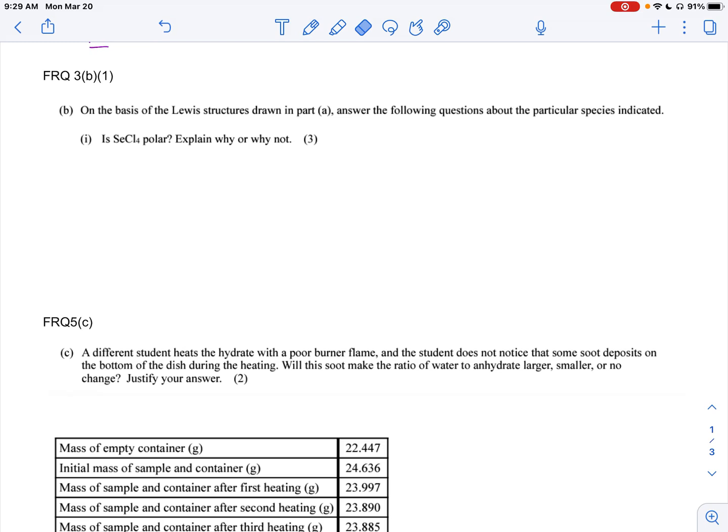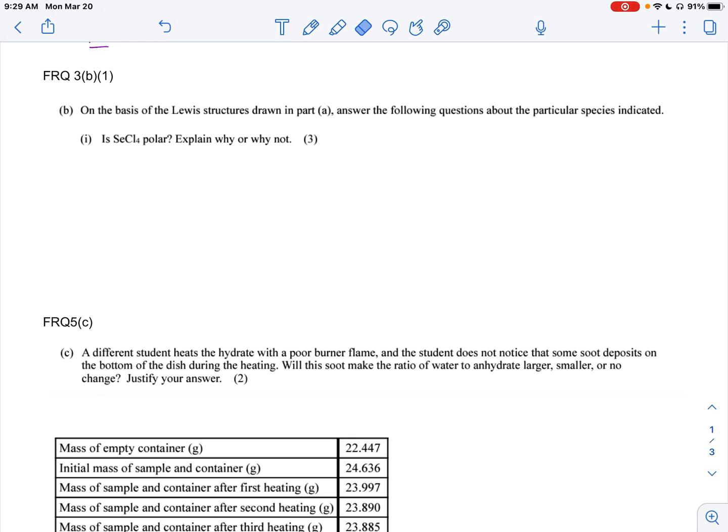Also tetrahedral, which on paper doesn't look like it is symmetrical. It is. Okay. How do we know that? The angles are all the same. They are all 109.5 degrees. So that brings us to the second part.